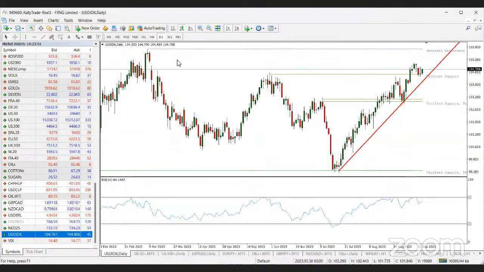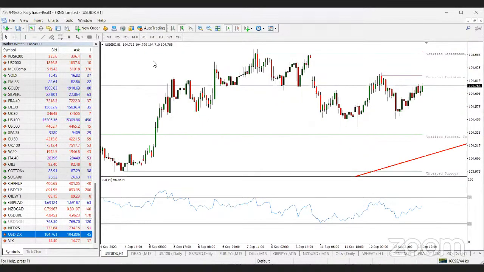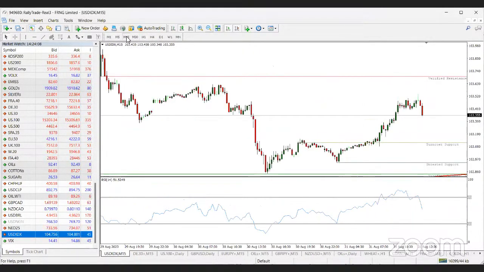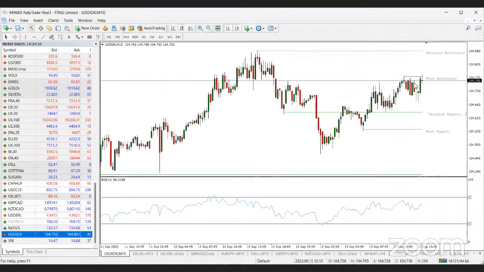You understand? Because if you check the dollar, most times, even fundamentals, at the end of the day, actually follow technicals. So if we check the dollar index, you'll notice that there is a slight bullish progression. There is a bullish progression on the dollar index. At this point here, it's very possible it breaks this resistance.